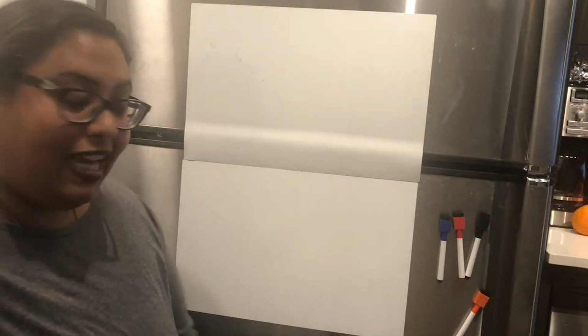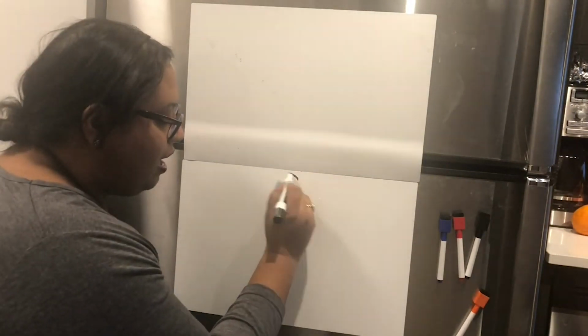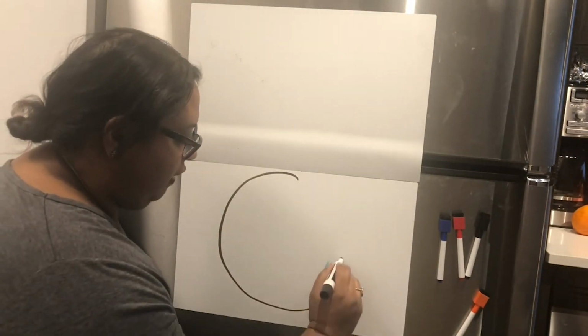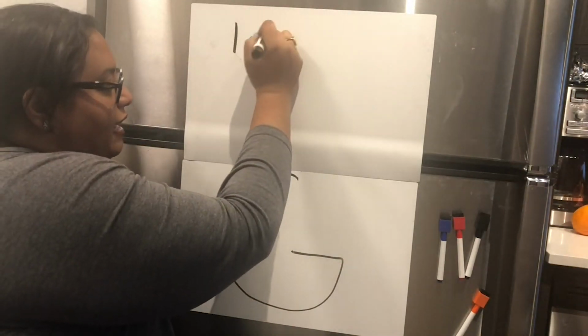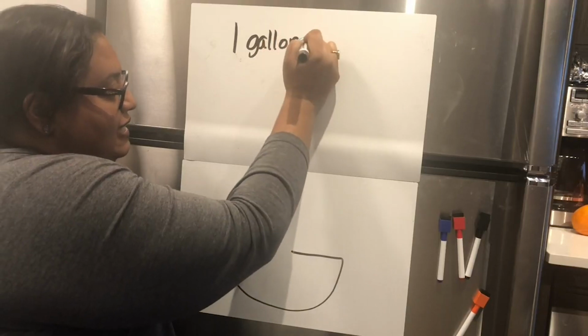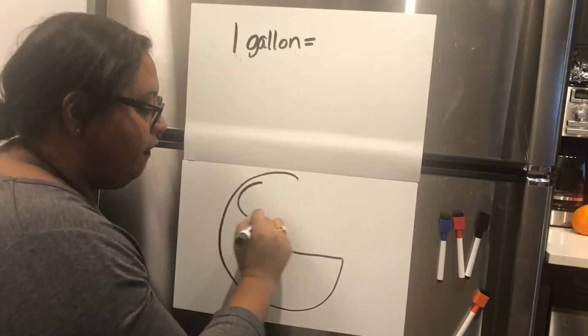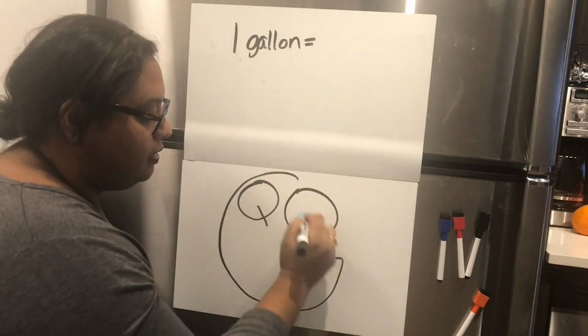Okay, so what I'd like you to do is draw a giant G for gallon. Okay, 1 gallon is the same as 4 quarts.